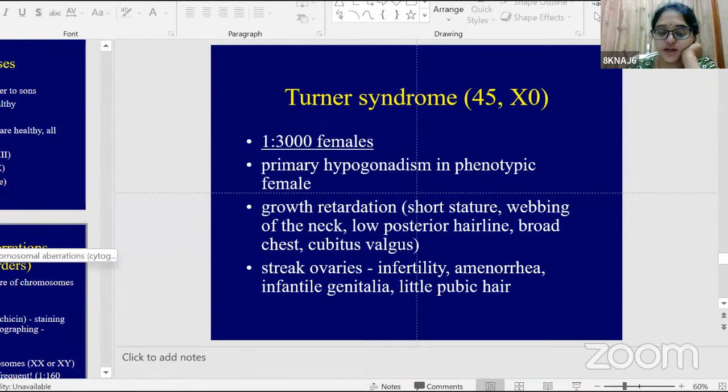So congenital hypothyroidism, congenital adrenal hyperplasia, galactosemia, phenylketonuria, mucopolysaccharidosis, Gaucher's disease, aminoacidurias, and then you have, like I said, glycogen related or glucose related diseases. All of this can be known as biochemical disorders or inborn errors of metabolism.